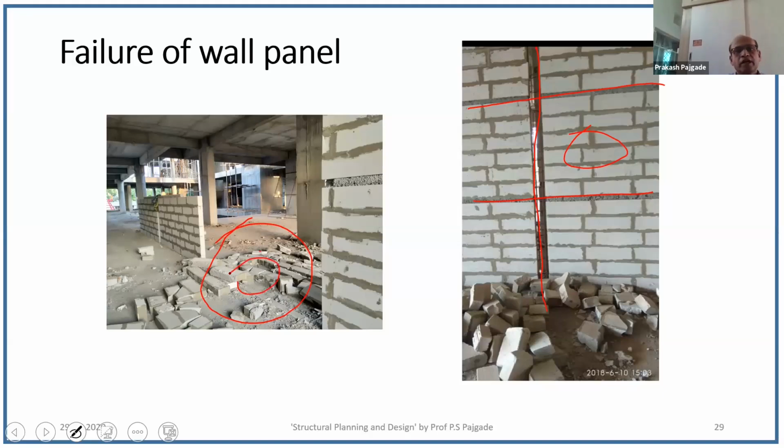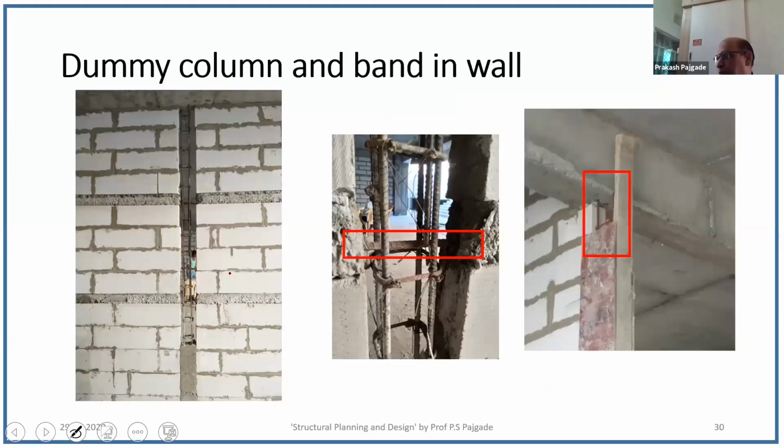So dummy columns and bands are essential whenever brick panel dimensions are quite large. Now you can see here, this is the dummy column. It must be connected to the main structural element, that is the top beam, bottom beam or slab, and then some horizontal elements are also required.